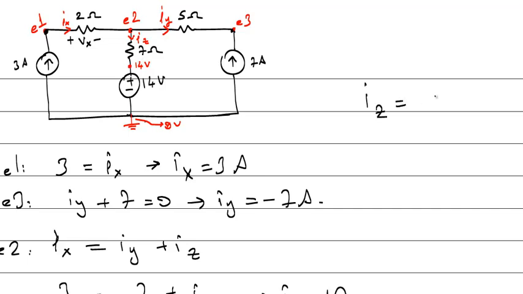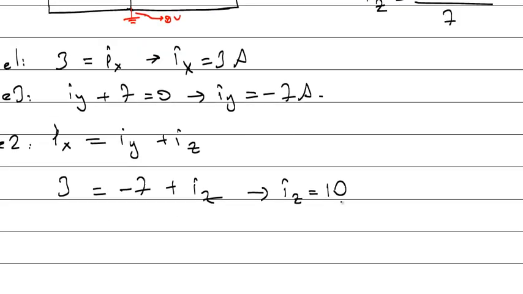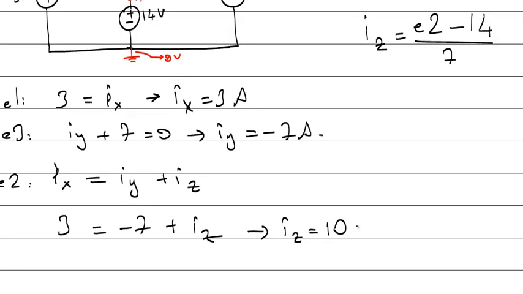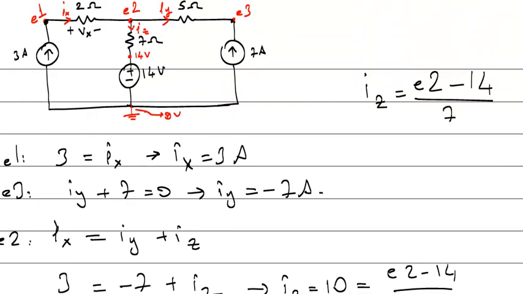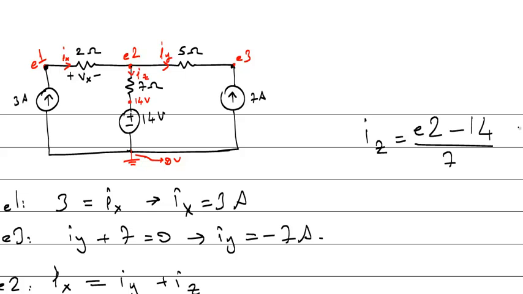Iz is positive side E2 minus negative side 14 divided by 7. What's that? 10. Okay? You will say that's E2 minus 14 divided by 7. So from here, what's E2? E2 is 70 plus 14, which is 84 volts. Okay, so E2 is easily calculated from here.